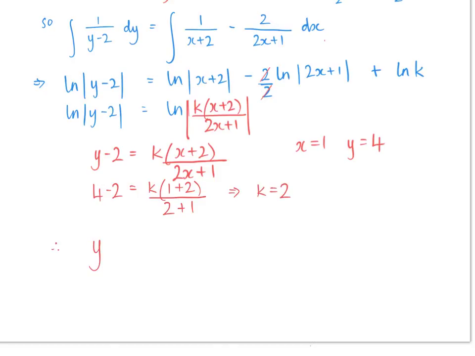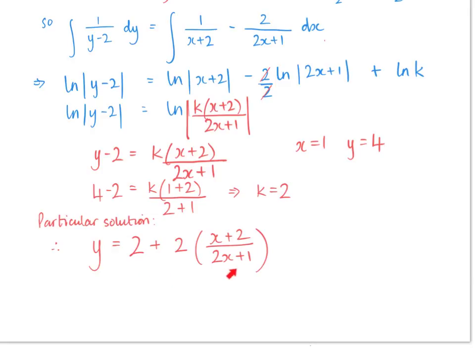Therefore, our particular solution, because we've got definite values of x and y, these boundary conditions, gives me y equals 2 plus 2 times x plus 2 all over 2x plus 1. So all I've done there is I've taken this one here, I've put 2 in there, I've taken the 2 across to the other side, and there's my particular solution.